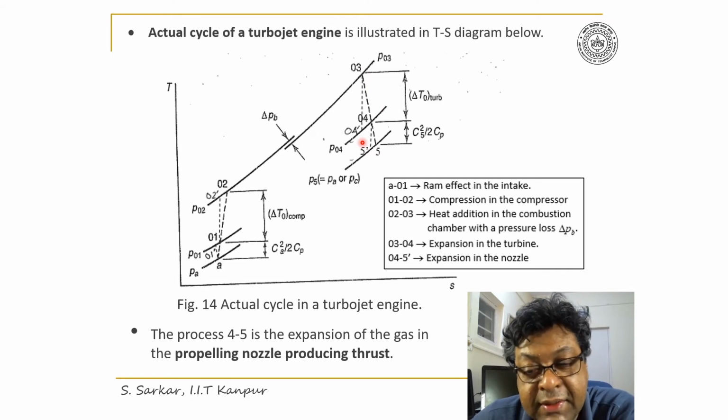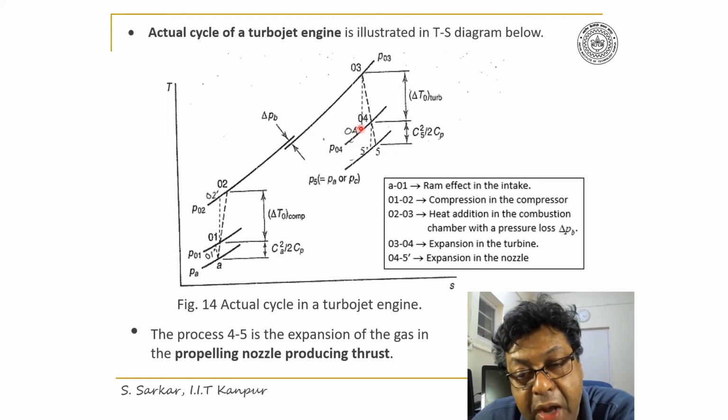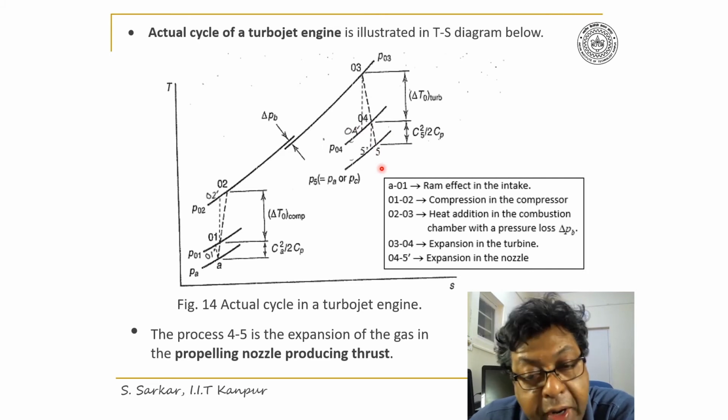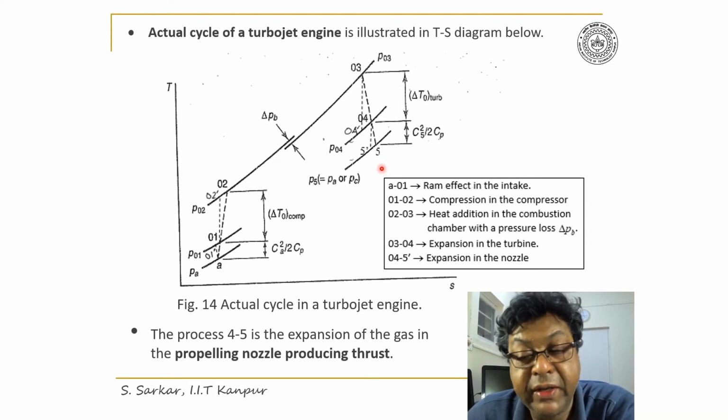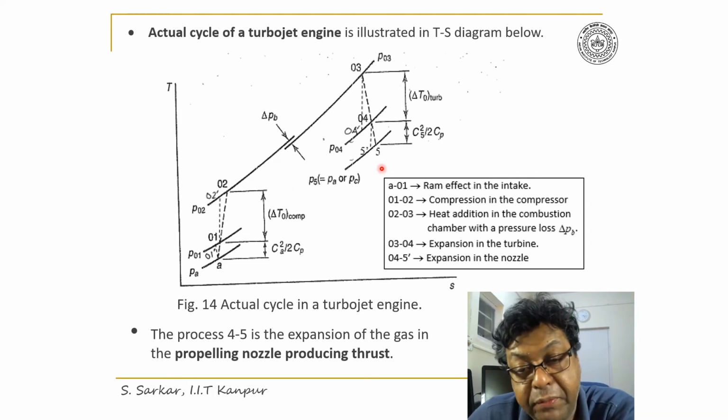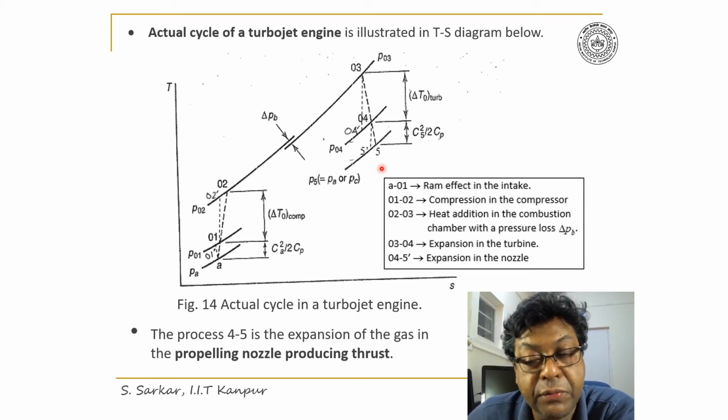Now the gas is further expanded in the propelling nozzle, which is represented by 04 to 5, where at the state point 5 the pressure is the atmospheric pressure PA. So P5 here is equal to PA.